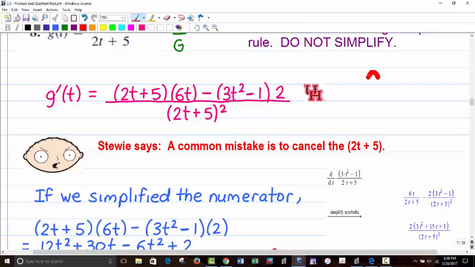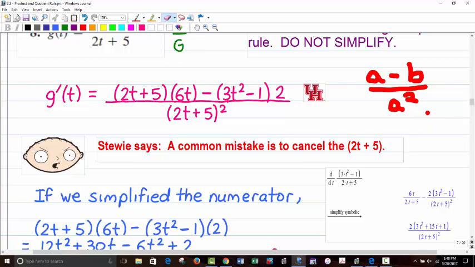Let me come over here and write this. A minus B over A squared. Now, if you split that up into two fractions, then you could reduce that into 1 over A. But my point is, you can't cancel it in this form and leave it as one fraction. You could not do that, because I think people will mess up simple stuff like this.